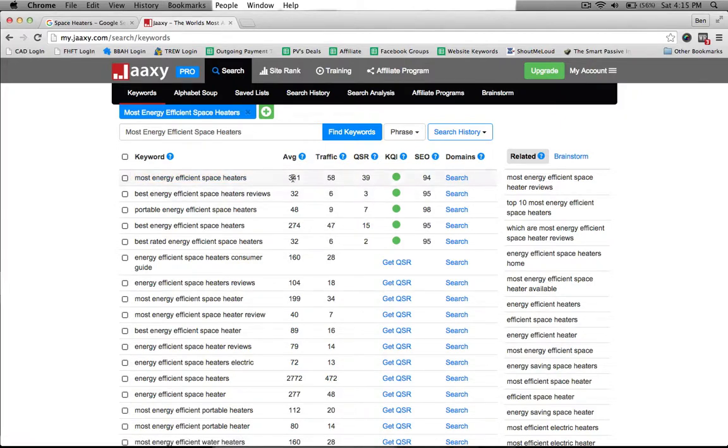And you can easily rank your website on the first page of the search engines with very little trouble and very little competition. So that's the point of this article. Go where your competition is not, and it's going to be far, far easier to rank your website.